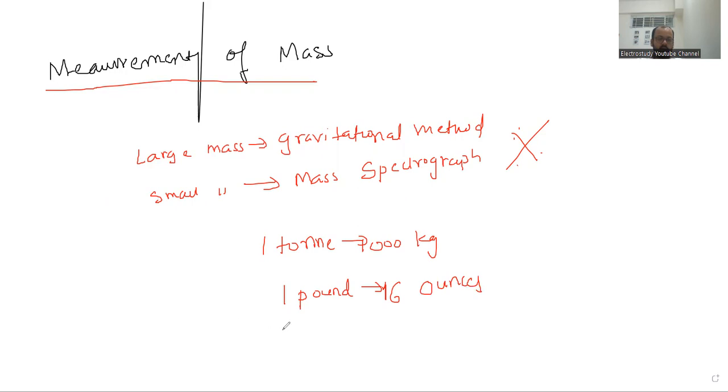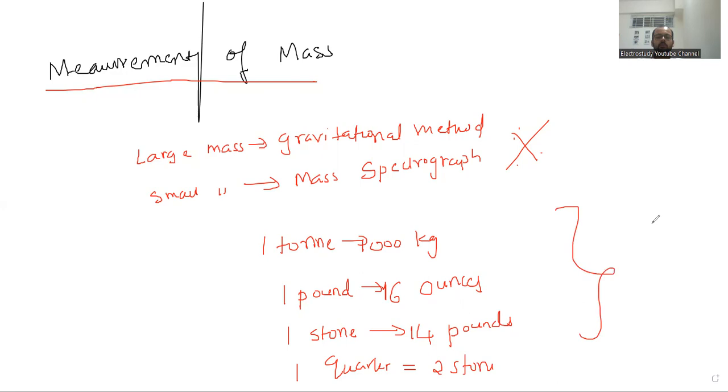Similarly, 1 stone is equal to 14 pounds. And 1 quarter is equal to 2 stone. I feel this is also very important. So make a note of this, because we can see these kinds of questions in the examination.